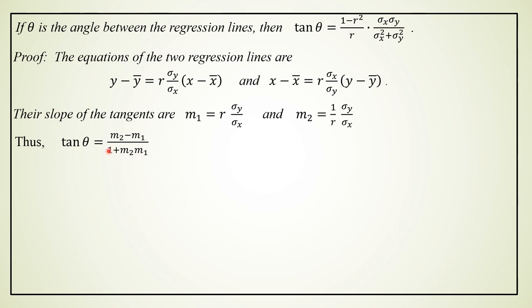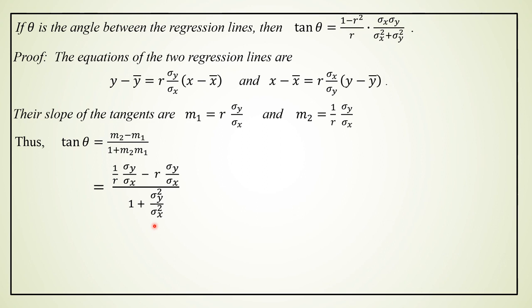Substituting the values of m1 and m2, the equation reduces to the form tan theta is equal to m2, which here is 1 by r into sigma y by sigma x, minus m1, which is r into sigma y by sigma x, divided by 1 plus m1 into m2, that is nothing but sigma y square divided by sigma x square.